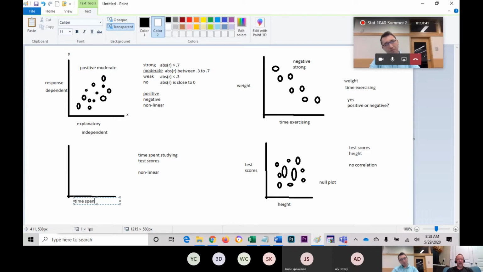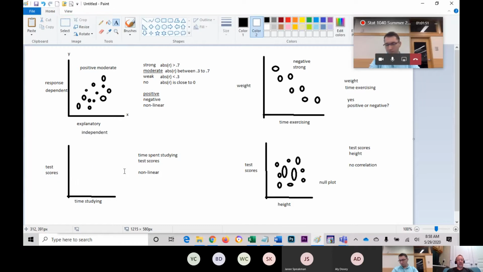Yeah, you would think that time studying would be the explanatory variable, and you would think that your test scores would be your dependent variable. And so this is another example of, yes, you should be able to do this. But the funny thing is, I've actually done this in my classes before. And one of the things that we found was that the graph looked something like this.